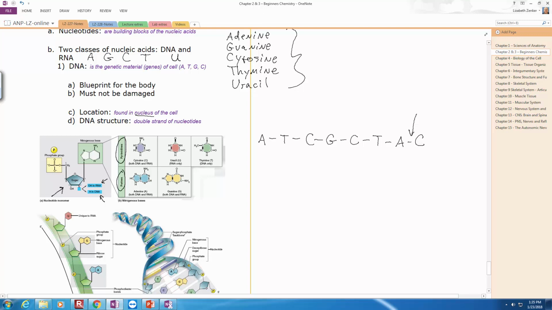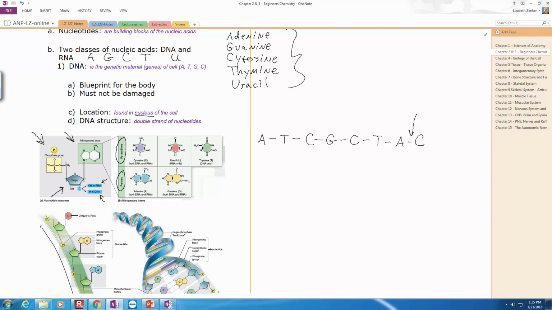So deoxy removed an oxygen. Ribonucleic acid has the OH in it because it has the oxygen. That's the only difference. So the sugar could be different between a DNA or an RNA molecule. The phosphate group is the same, which is polar. And then depending on which nucleic acid it is, you will have either the pyrimidine or the purine attached there.